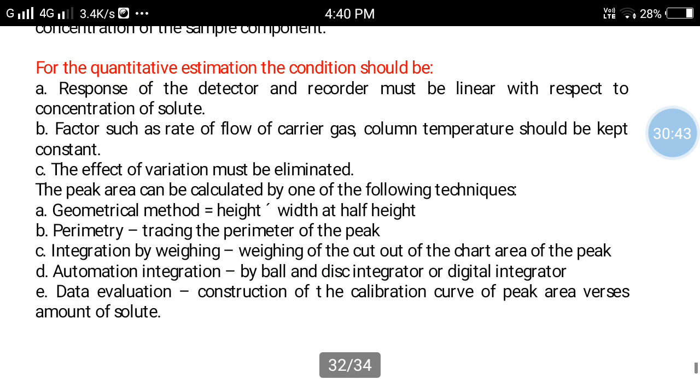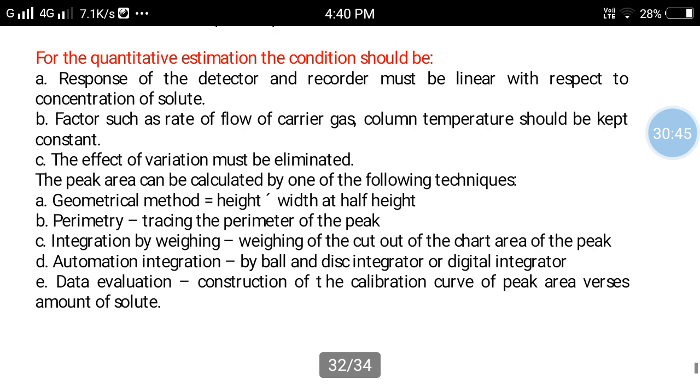For quantitative estimation, the conditions should be: first, the response of the detector and recorder must be linear with respect to concentration of solute. Second, factors such as rate of flow of carrier gas and column temperature should be kept constant. Third, the effect of variation must be eliminated.